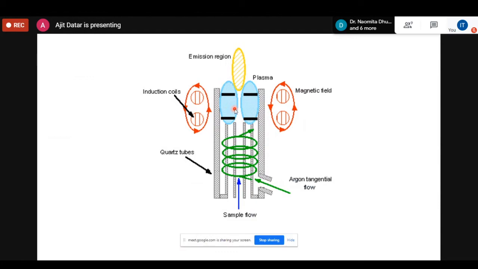Because of this continuous movement of argon at the RF frequency, which is very high, 28 megahertz, the argon gets thermally heated and generates a very high temperature, which gets converted into argon plasma. Plasma is nothing but excited atoms, positive ions and electrons, a mixture of all of them, and we generally call it the fourth state of matter. This argon plasma has a very high temperature, as I said.